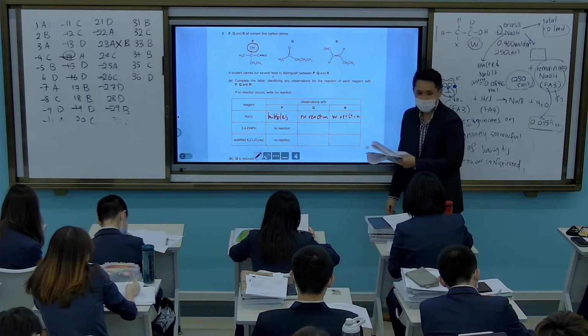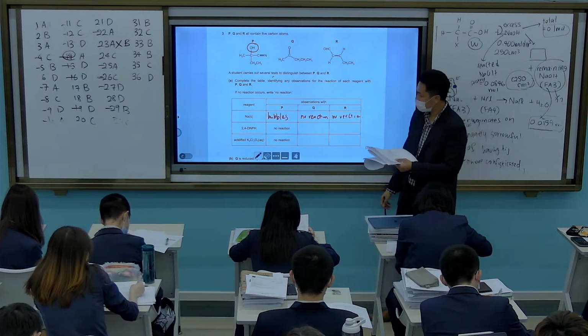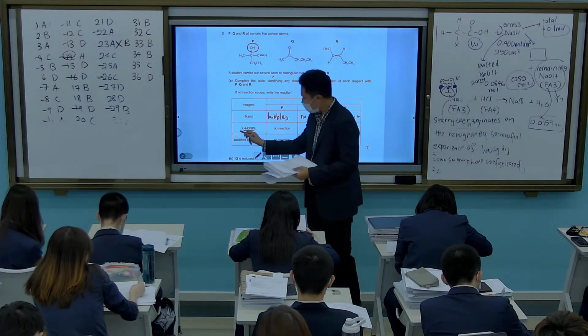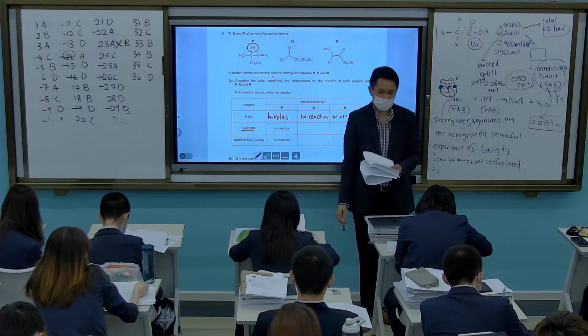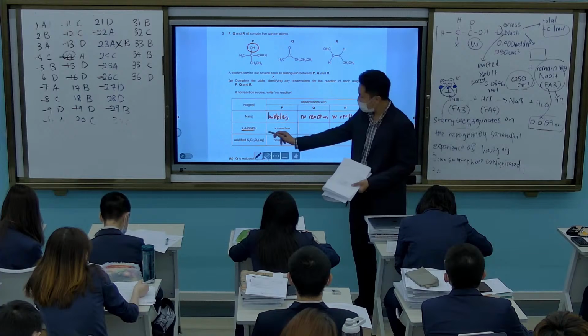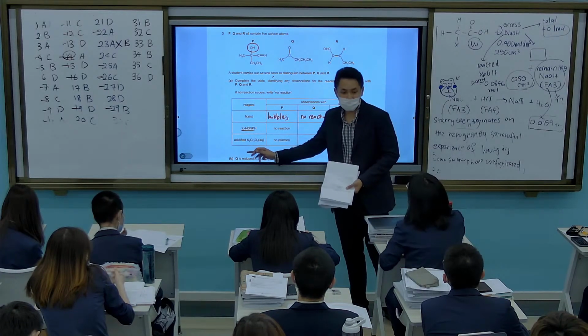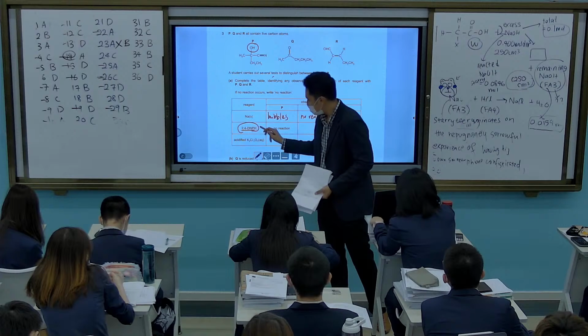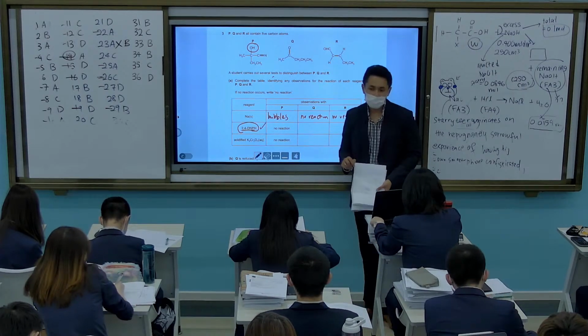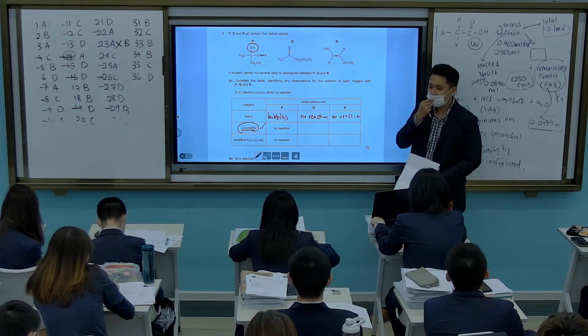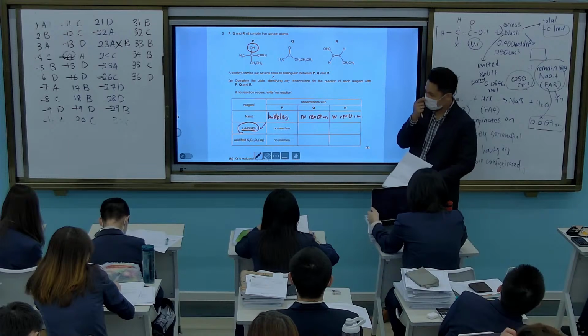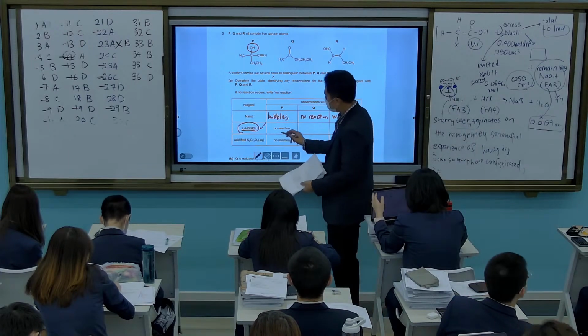Okay, right. This one here 2,4-DNPH. Okay, I have some good news for you guys. No need to memorize the full name of 2,4-dinitrophenylhydrazine. Just write this one will do. Good news, right? After so many bad news, right?